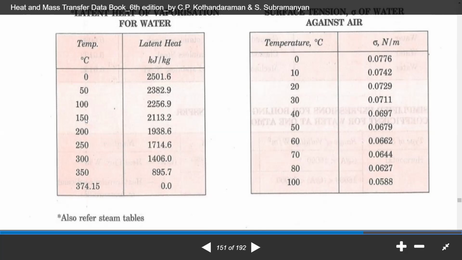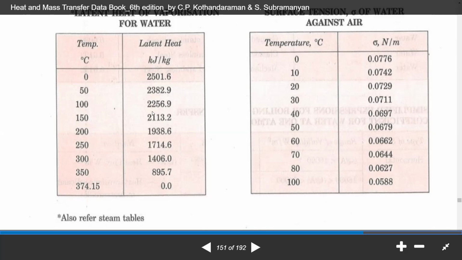We have to calculate the latent heat at 120 degrees centigrade, for which we have to do the interpolation. I hope in the last problem we did the interpolation and it is clear for you.